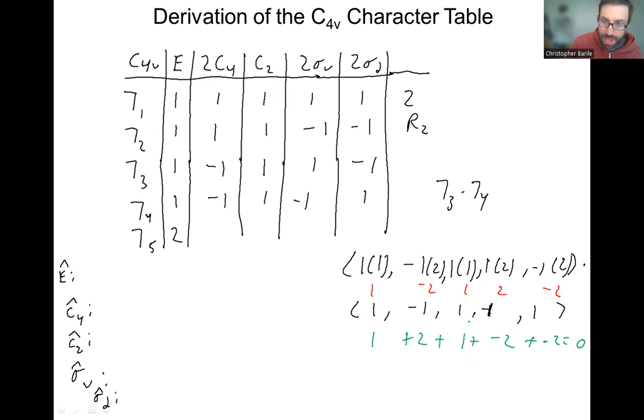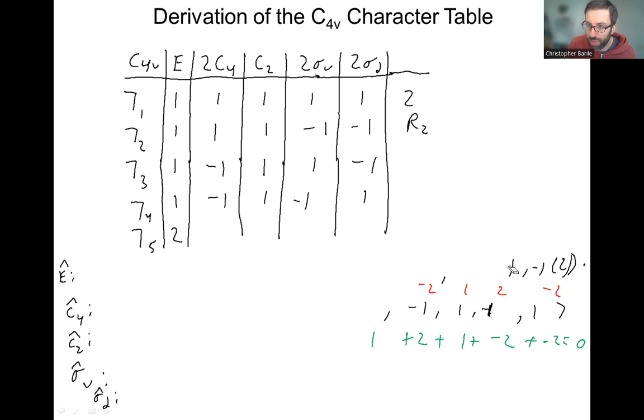We know our functions have to be correct. So it's very good. And you could dot all the different combinations. Gamma 1 dotted with gamma 2, gamma 1 dotted with gamma 3, gamma 1 dotted with gamma 4. All those different combinations are going to be orthogonal. Remember, you have to normalize for the number of operations in each class. So that's how that works.